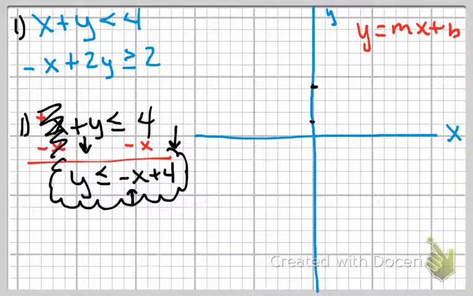So there's 4 right there. Right, and the slope is negative 1, so that means it's negative 1 over 1. That means if I'm looking at rise over run, I'll go down and to the right. So I'm going to go down to the right, down to the right, down to the right.